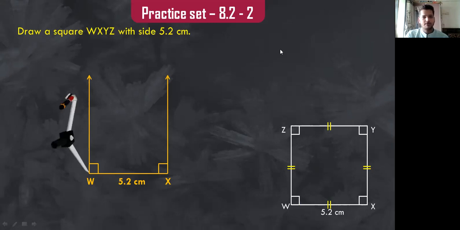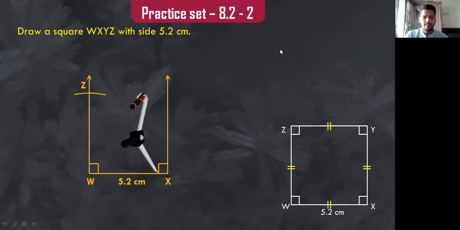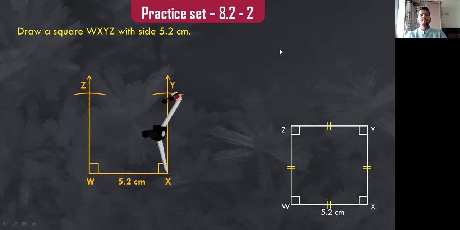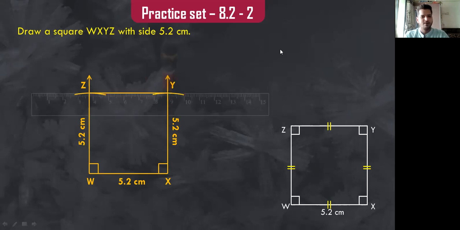Keep it on the point W and mark our arc as the point Z. Similarly, we will mark the same distance of 5.2 from point X, marking the point Y. Now, Z and Y are clearly visible, so just join them using a scale and a pencil. And we complete our square WXYZ.